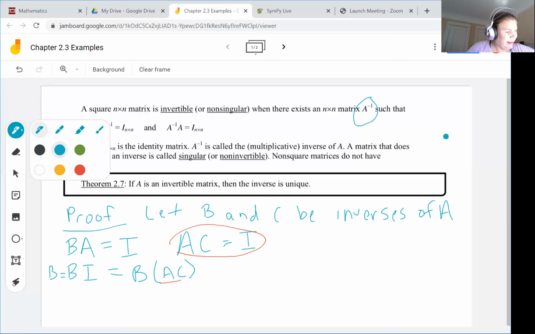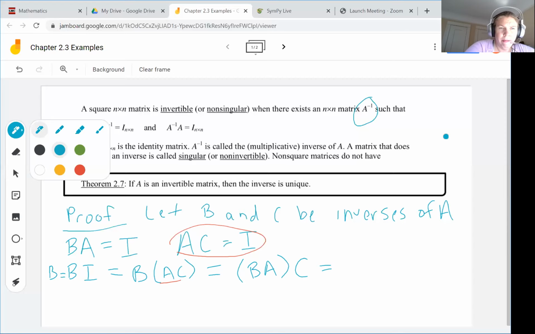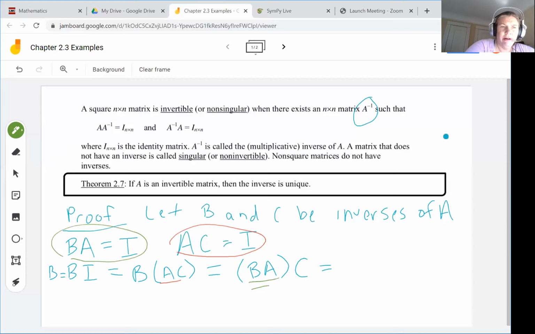All right, and then we can use the associativity property of matrices to say that's just equal to B times A times C. Just move our parentheses over, since matrix multiplication is associative. And then BA is just the identity matrix based on this relationship here.